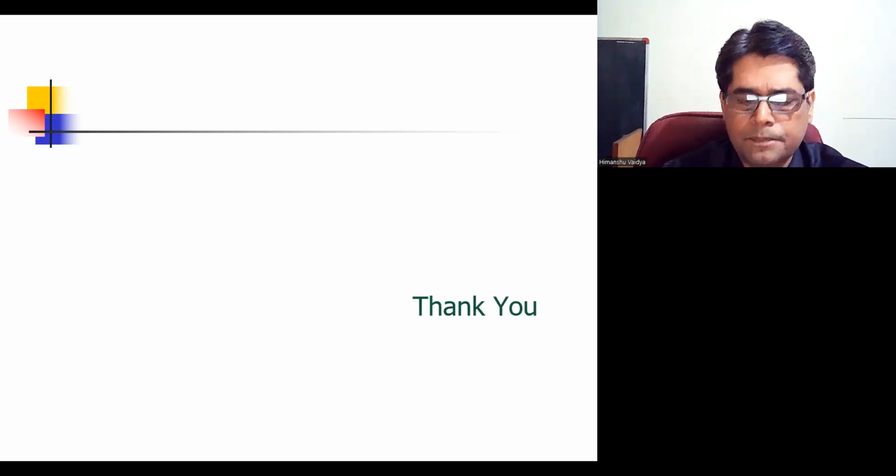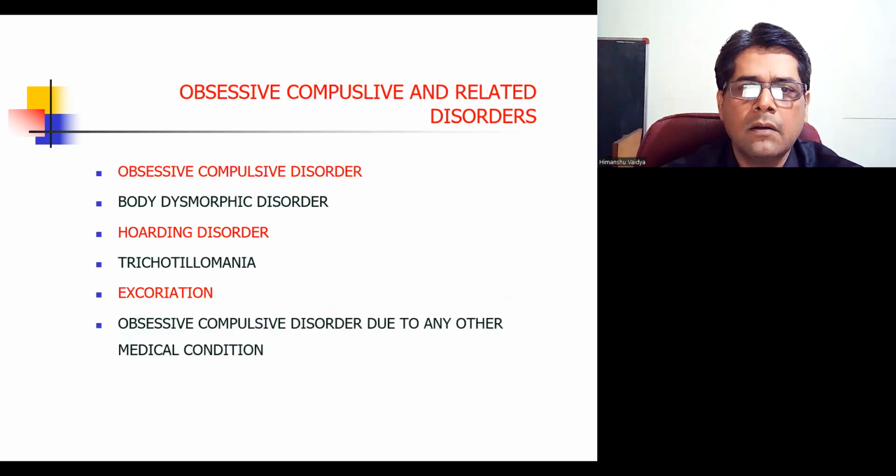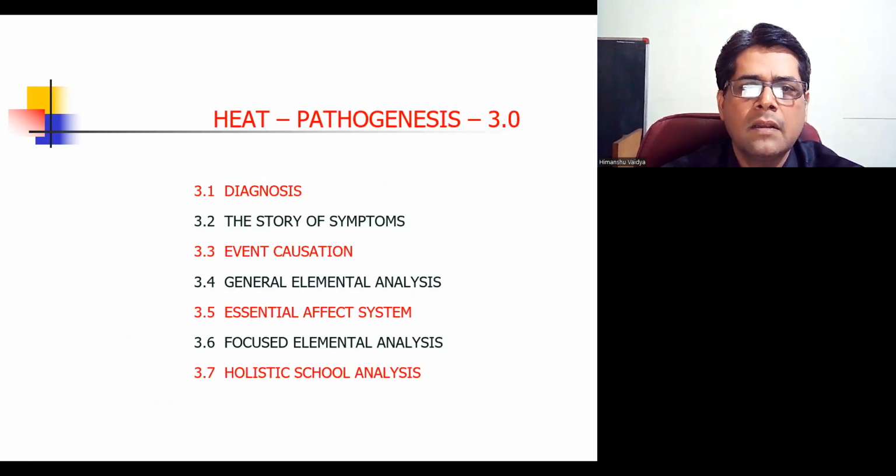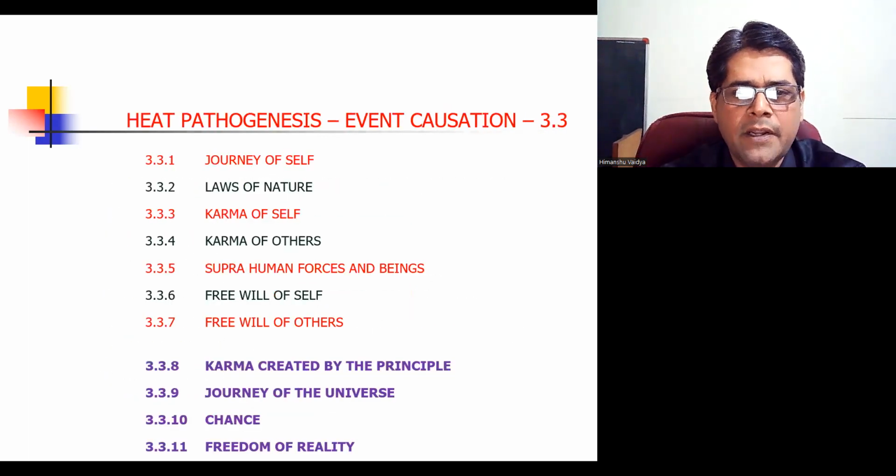So this is how the general causality model applies. If we see over the 17 chapters, we see the center always is this.